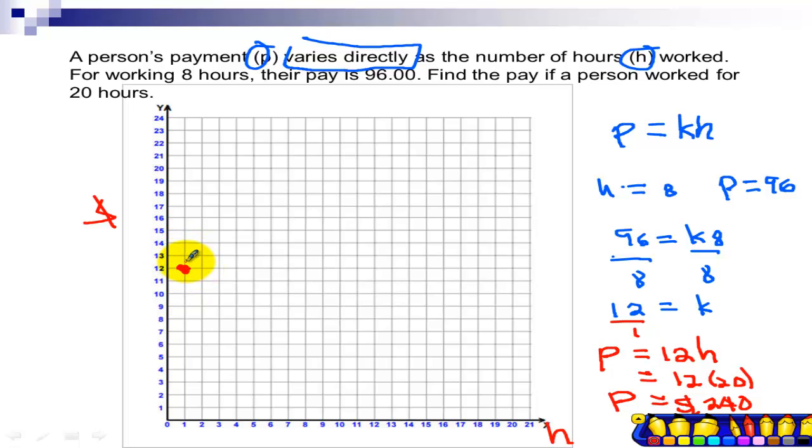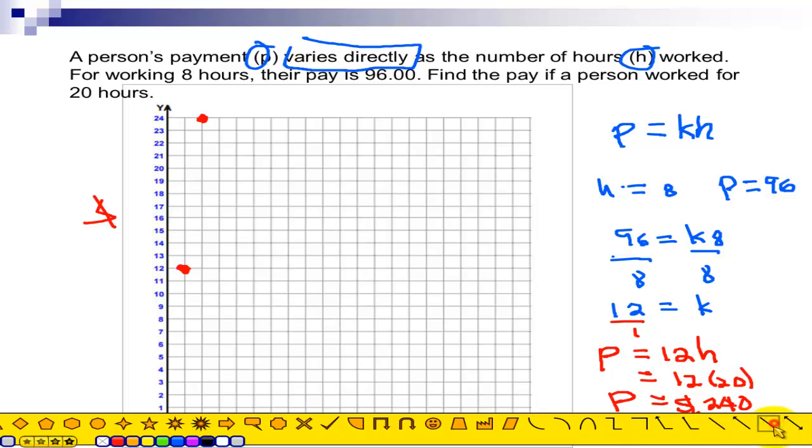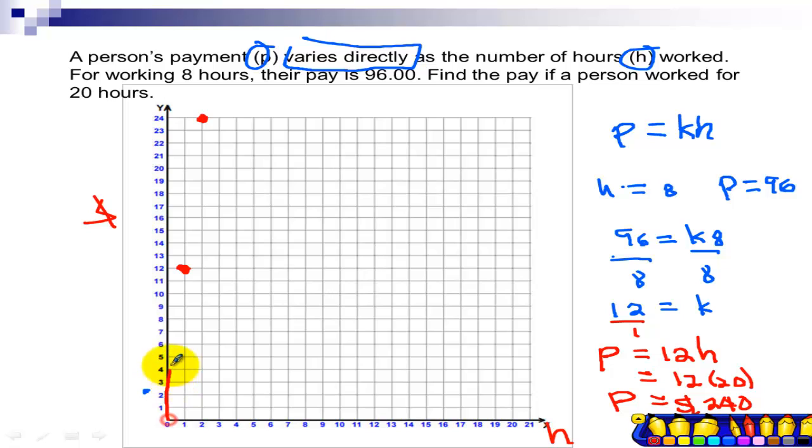Okay, count 12 units up and 1 to the right. So this will be our 2 points, and we know that the graph of a direct variation crosses the origin or starts at the origin. It will be this.